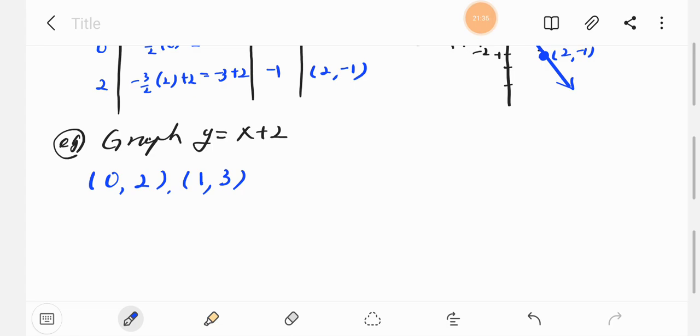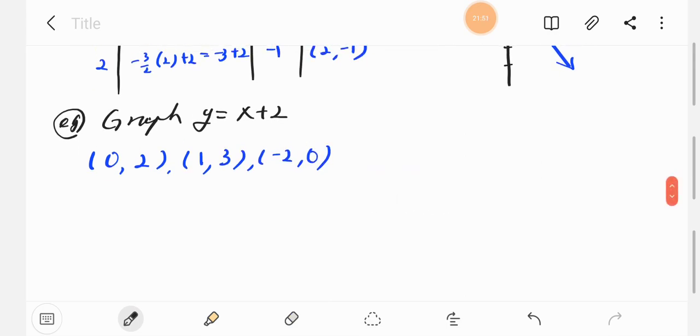All right. You want to try another one? Okay, let's try a negative number this time. So x equals -2. Then what is the y value? 0, right? 0. Okay. Then let's plot these on the coordinate system. So this is x, and this is y.